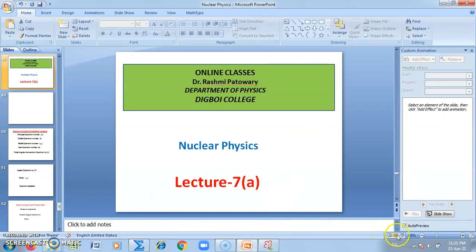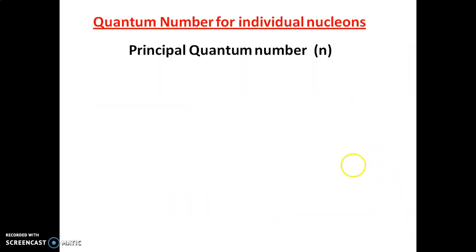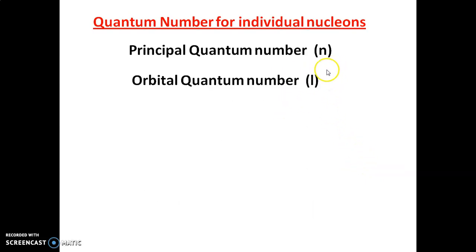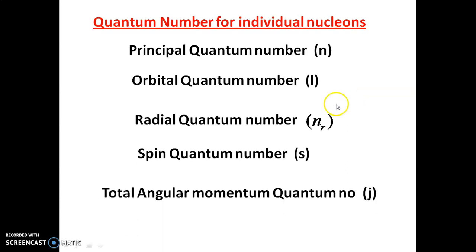We had seen that we have the principal quantum number, which is the same as what we got in atomic physics, the orbital quantum number small l, the radial quantum number nr, the spin quantum number s, and the total quantum number j, which is the sum of l and s.